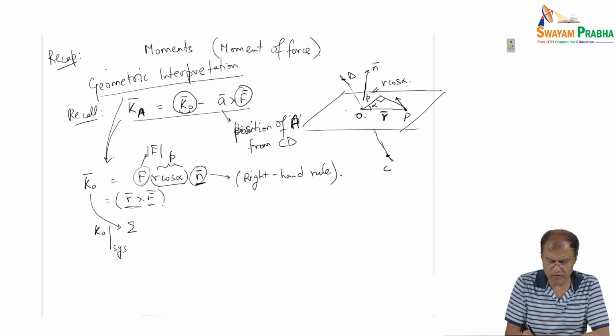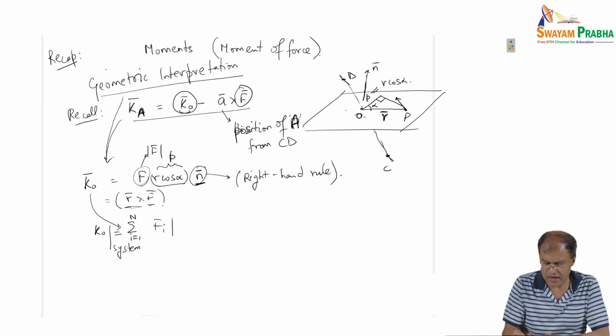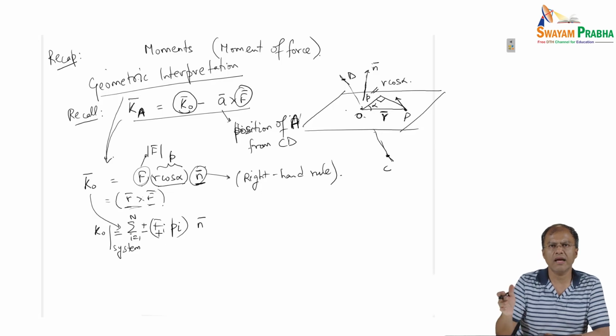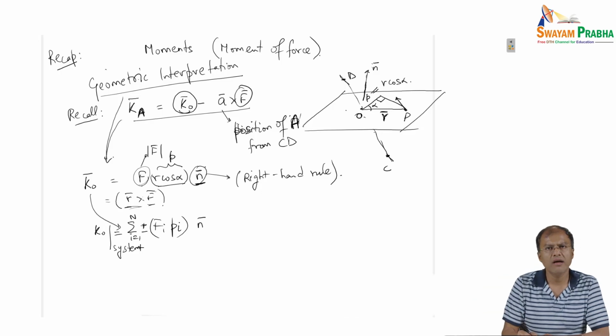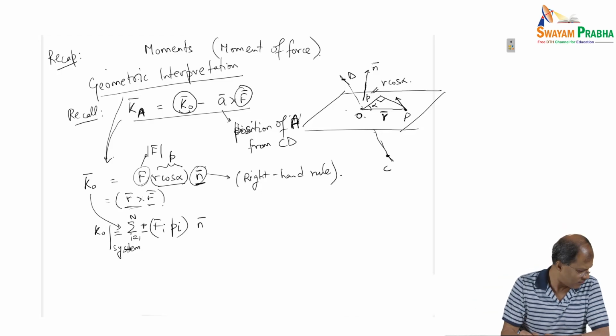So Ko for a system is going to be the summation over all such particles, i from 1 to n, of Fi, Pi, and n being again the normal. And we can use plus and minus. We don't know whether the forces are acting in a clockwise or anti-clockwise direction, so accordingly the plus and minus will take care of that.